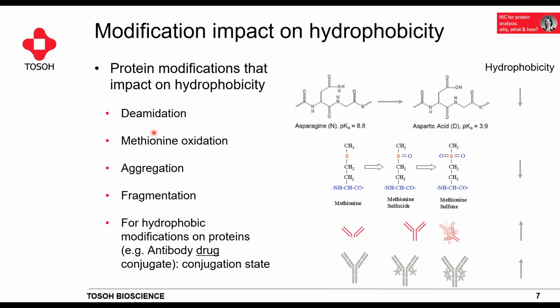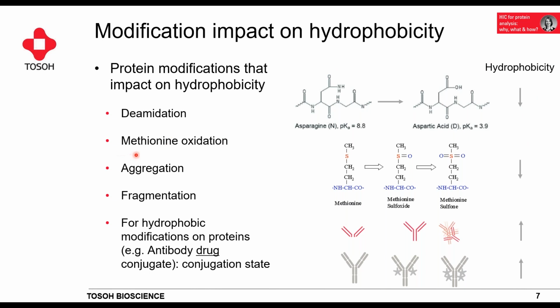One of them is, for instance, deamidation. This is shown here from asparagine to aspartic acid. What we see is that this amide group turns into a carboxyl group. So we have a hydroxy here, which is less hydrophobic, more hydrophilic, as opposed to this. So if we have deamidation, we do get a decrease in hydrophobicity.